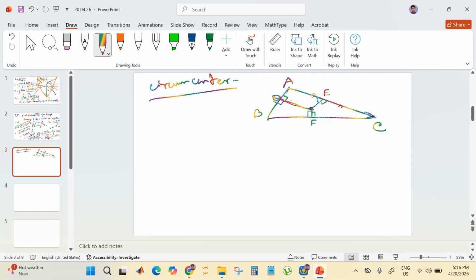These angles all are 90 degree, and these are the equal halves. So if I draw a circle taking G as a center, suppose this is a point G, then you can find a circle that will pass all the points of ABC. Okay, this is the circumcircle, and this G point is a circumcenter.